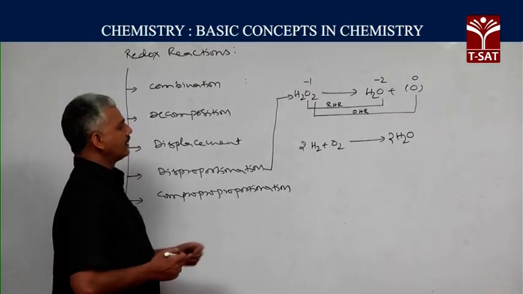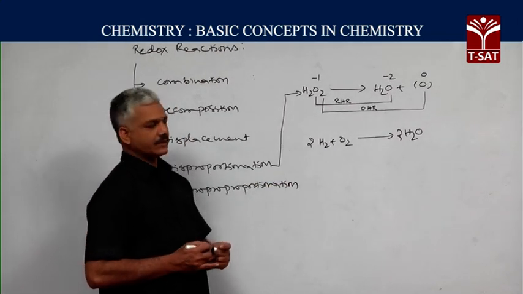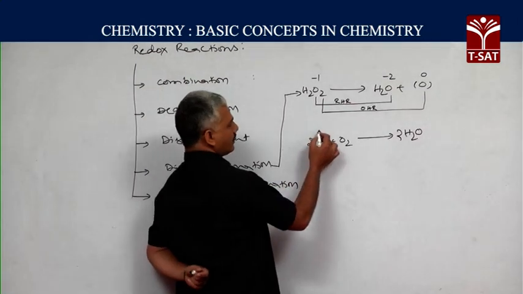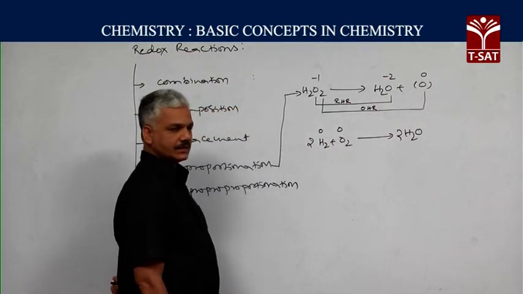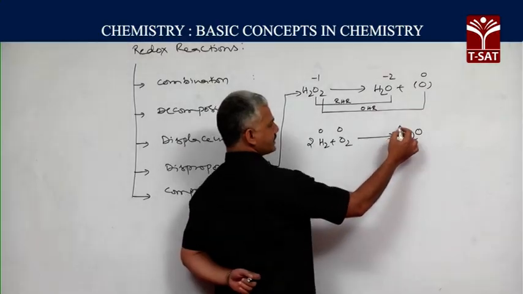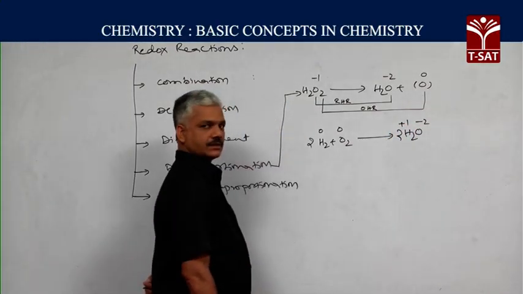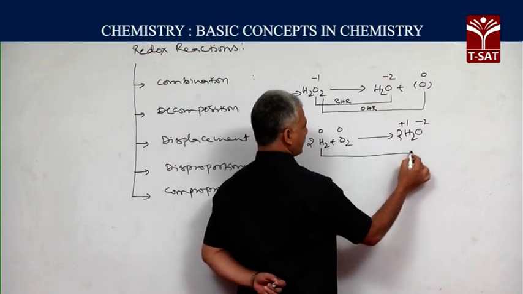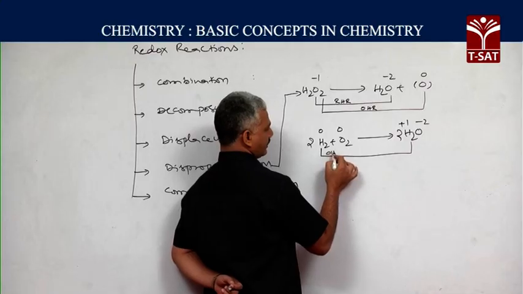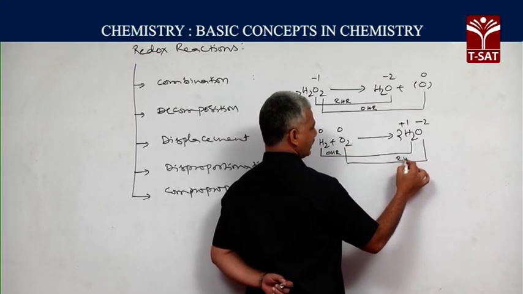For example, hydrogen combines with oxygen to give water. In this reaction, on the reactant side, the oxidation states of hydrogen and oxygen are 0. On the product side, hydrogen's oxidation state is +1 while oxygen's oxidation state is -2. So, in this reaction hydrogen is undergoing oxidation while oxygen is undergoing reduction.